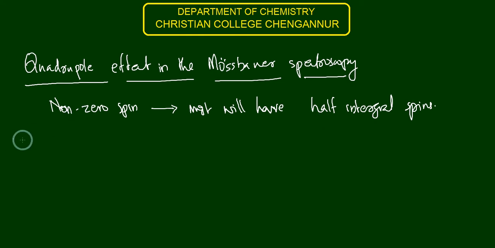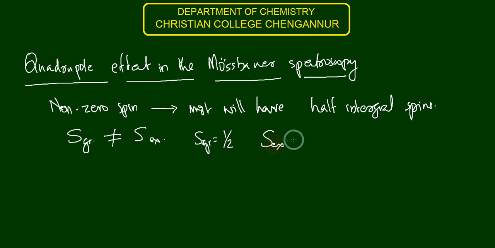And there is a selection rule which states that the spin of the ground state nucleus should be different from the spin of the excited state nucleus. So if the ground state spin is half, that's the lowest possible half-integral spin, then according to the selection rule, the excited state spin should be greater than half.